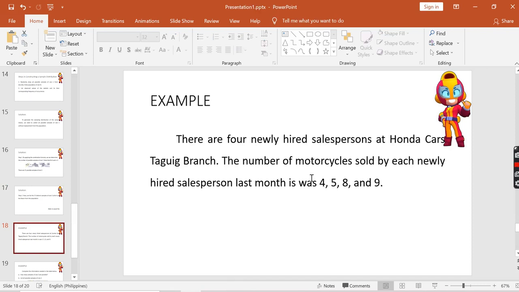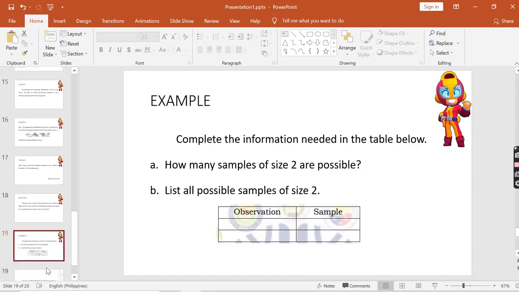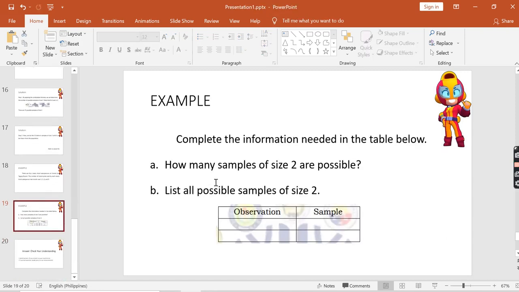Next, now there are 4 newly hired salespersons at Honda Cars Taguig branch. The number of motorcycles sold by each newly hired salesperson last month was 4, 5, 8, and 9. Now let's complete the needed information in the table below.